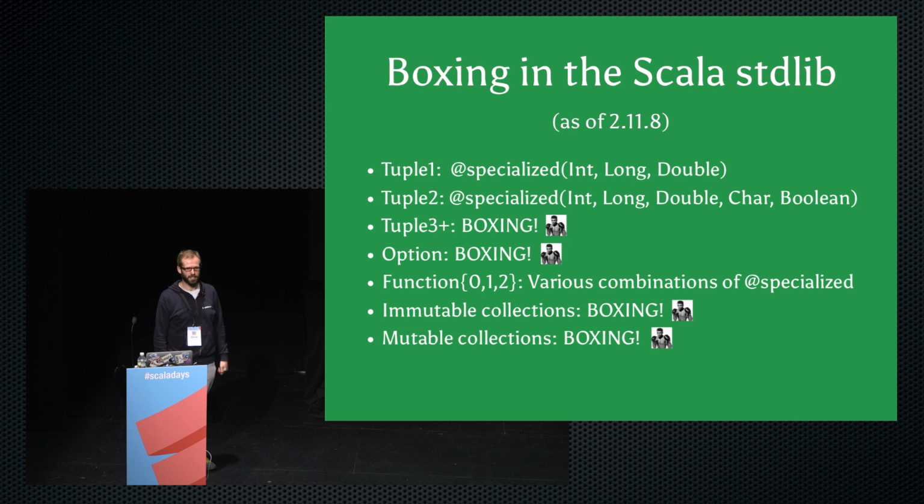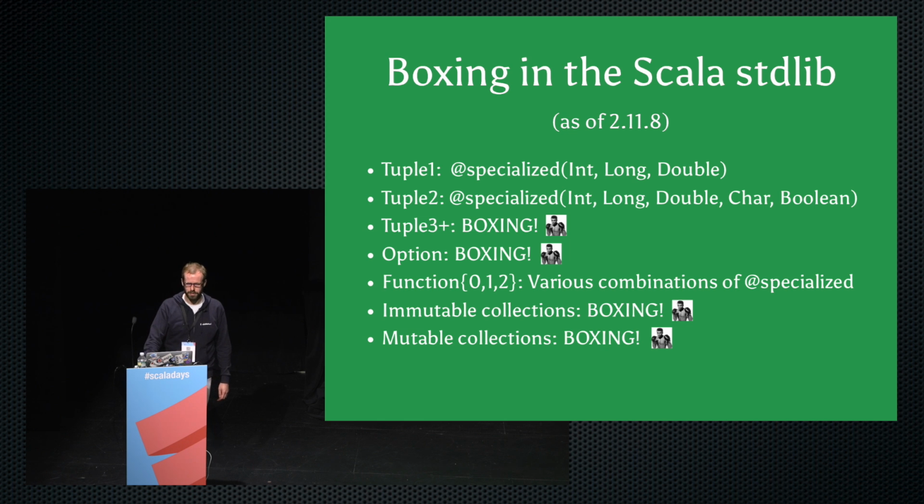He's representing the boxing. Option is boxing. Function 0, 1, and 2 are just random combinations of different types of specialized. Function 3 or more doesn't have any specialization. And most of the immutable and mutable collections also have no specialization.